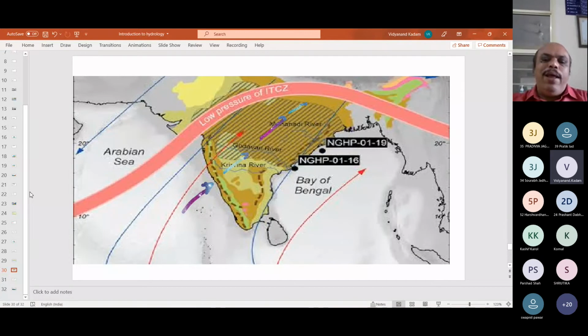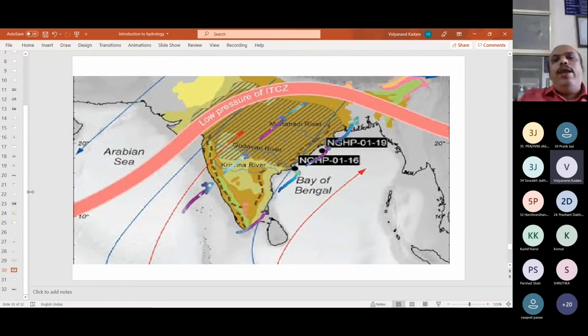This is one branch, and the other branch goes parallel to the eastern coast and reaches the eastern states, that is Meghalaya, Assam, Mizoram, etc. Then after 4 months, again the returning journey starts.